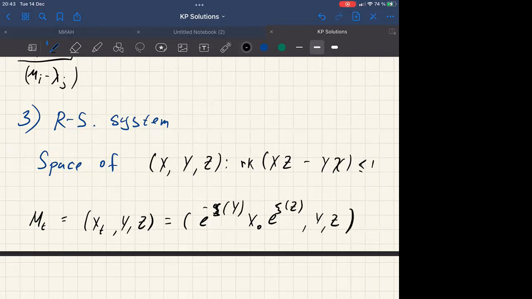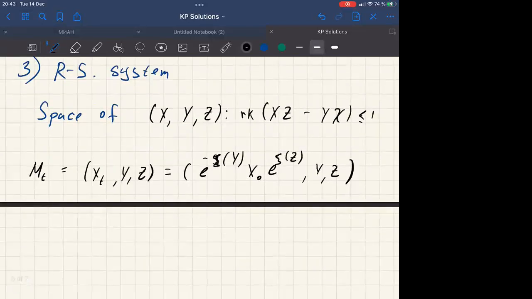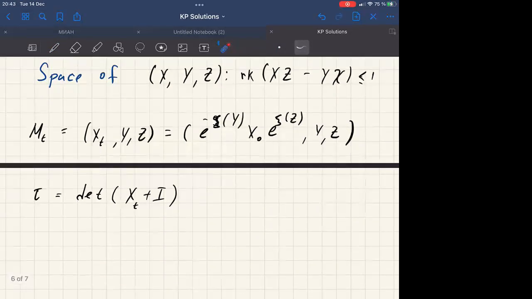In this case we have that tau equals the determinant of x t plus t, which is clearly the same as to say that the solutions are just the same solution, but written with other words, I guess.